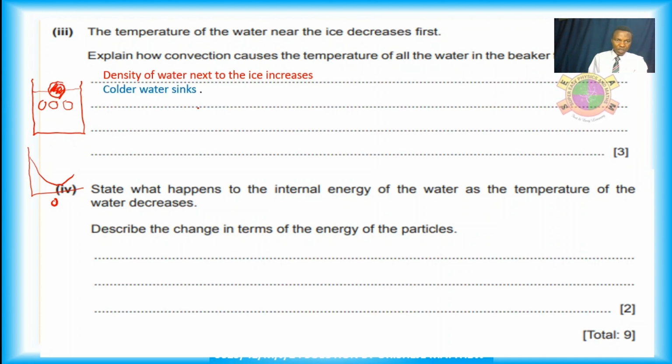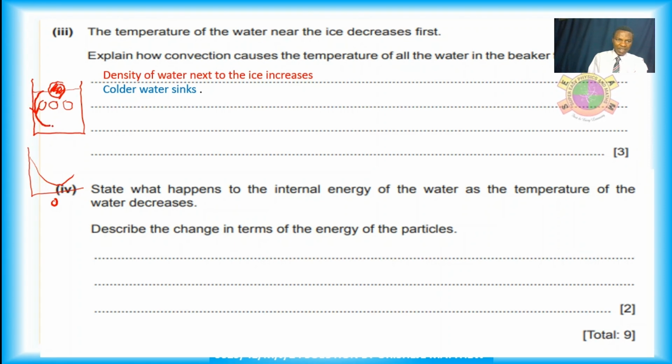So the water begins to sink because the density increases, so it's going to be heavier. And because it's heavier, it's sinking to the bottom. So the heavier water goes down.